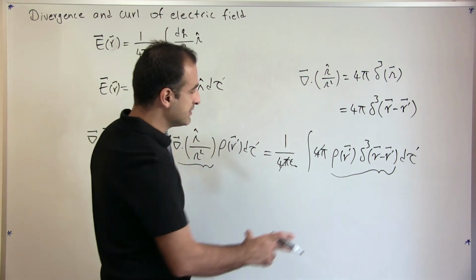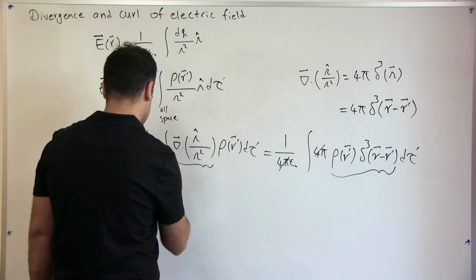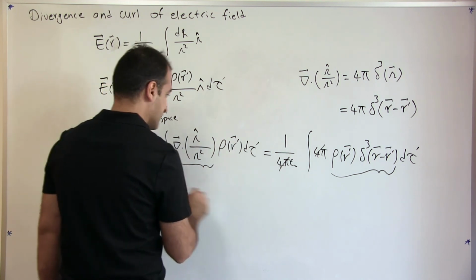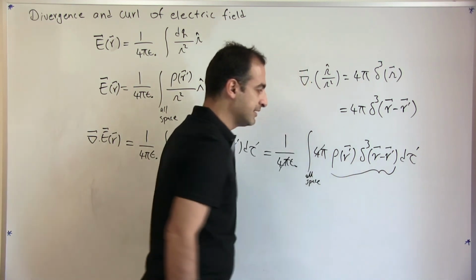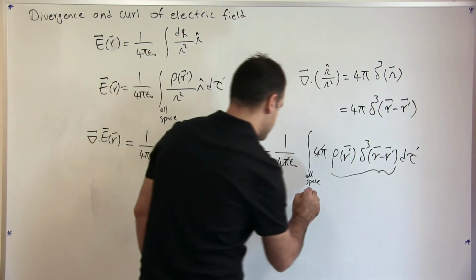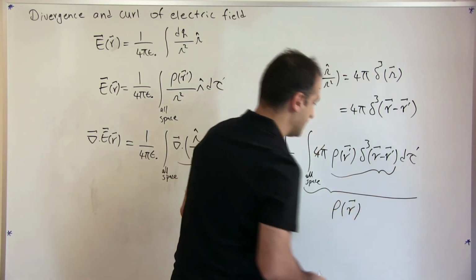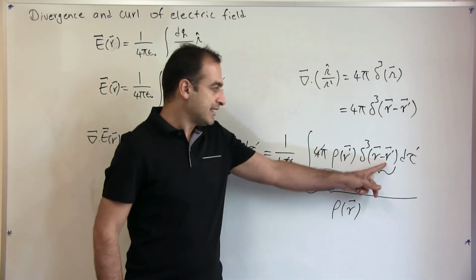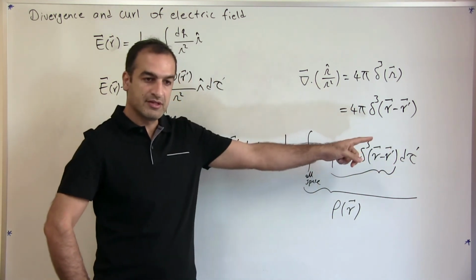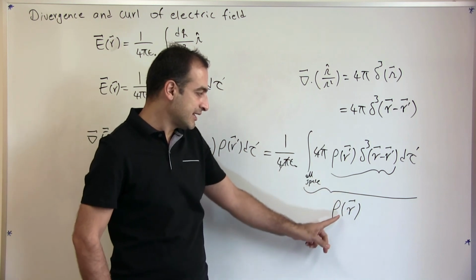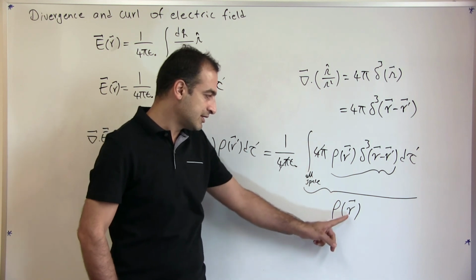Okay, so this integral as a whole, which actually runs over the whole space, is equal to rho at position r. The peak is happening at r prime equals r, and we have rho of r prime here. So if we integrate over the whole space, it's 0 everywhere except right at r equals r prime. Okay, so here the integral is only rho of r.